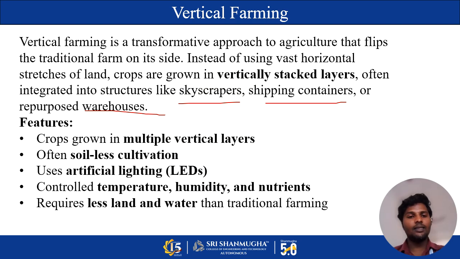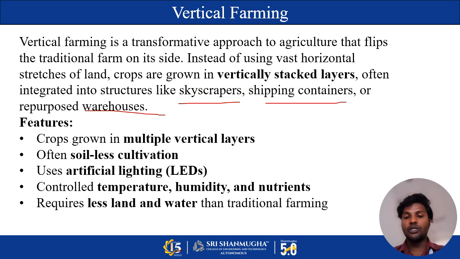In vertical farming, crops are grown in multiple vertical layers, in a soilless medium. That's why it is often called soilless cultivation. We use artificial lighting like LED lights for the crops' requirements.